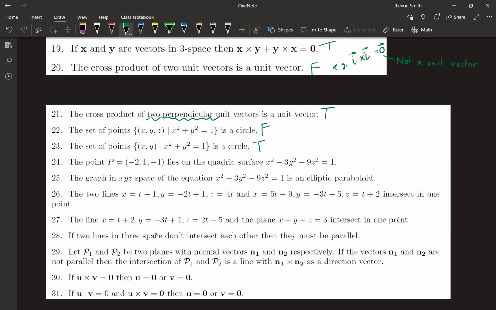So if you plug this in, this should give you 4 minus 3 minus 9. Okay, so false. This is an elliptic paraboloid.